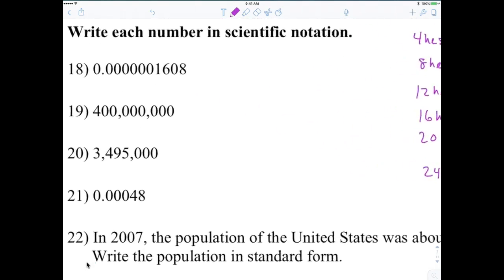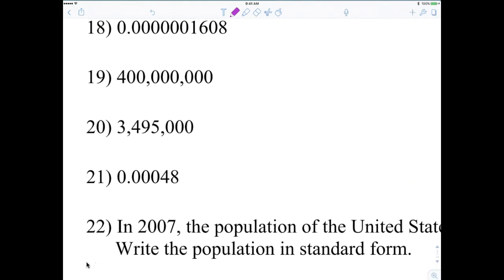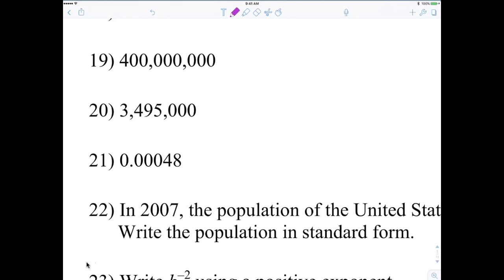Now we're going to write some scientific notation. So, Avery, let's take a look at 19. What would that be written in scientific notation? 4.0 times 10 to the 8th. Perfect. Ellis, what about 21?